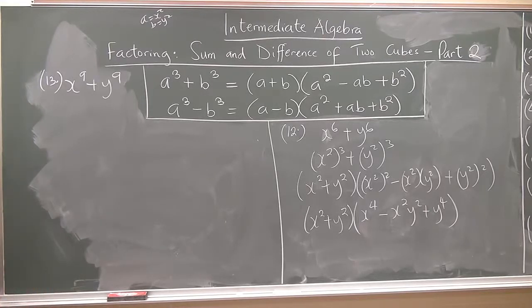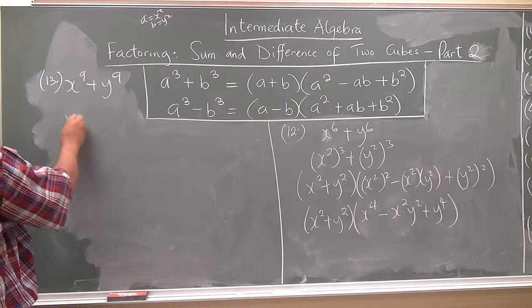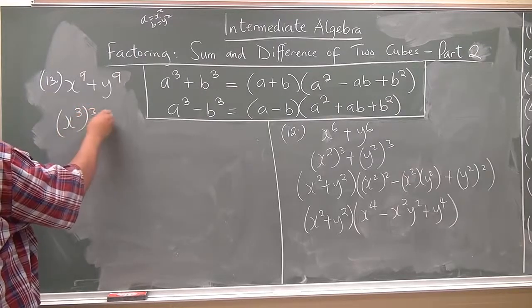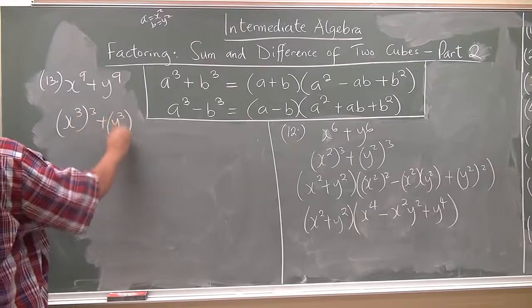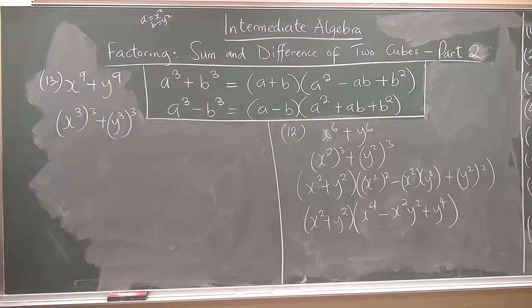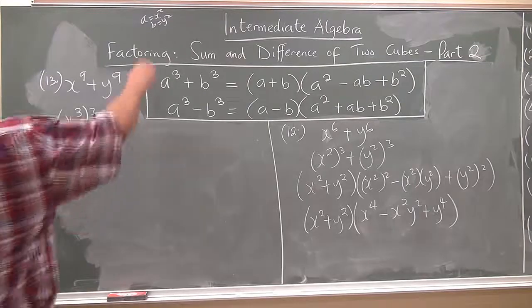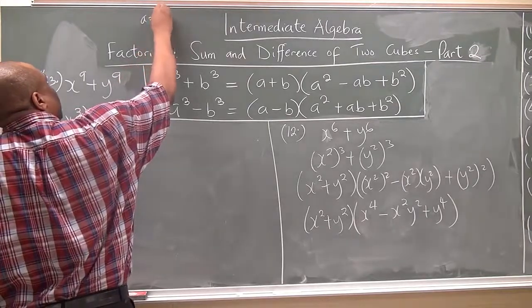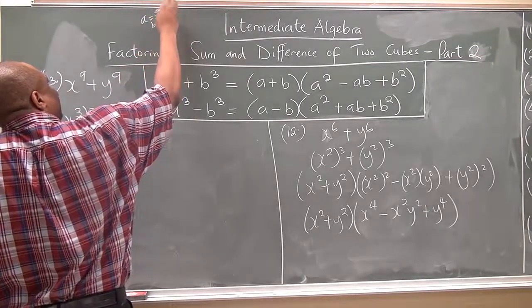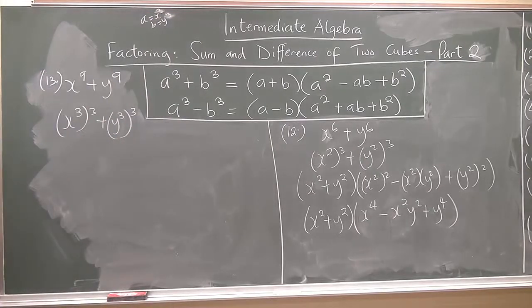This will be x cubed all cubed plus y cubed all cubed. In this case, what will be our a and what will be our b? a will be x cubed and b will be y cubed. And we're going to use the sum of cubes.